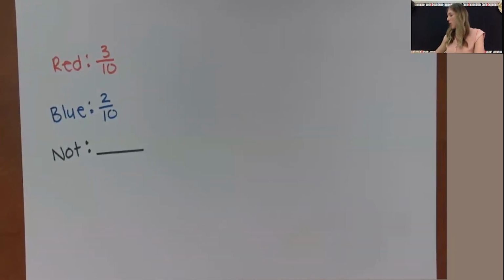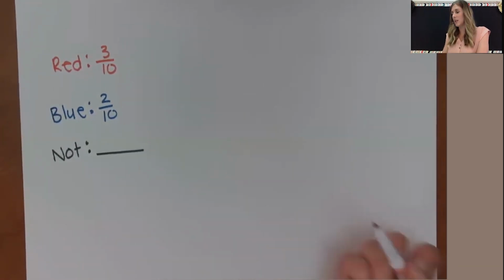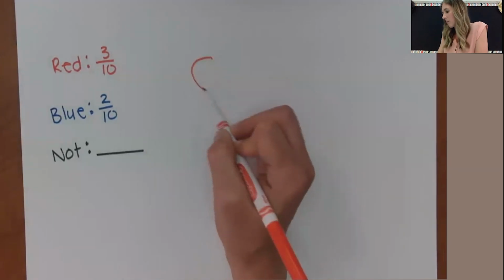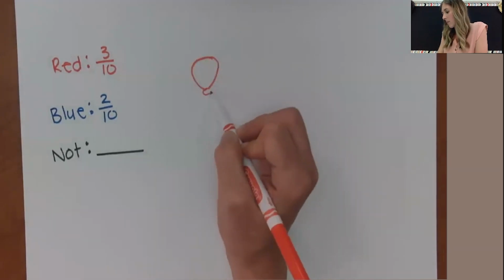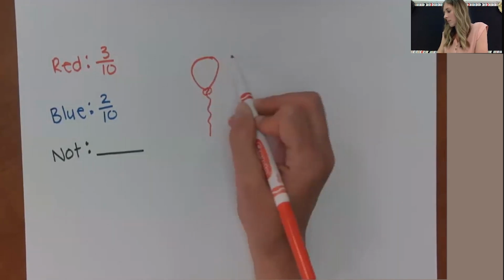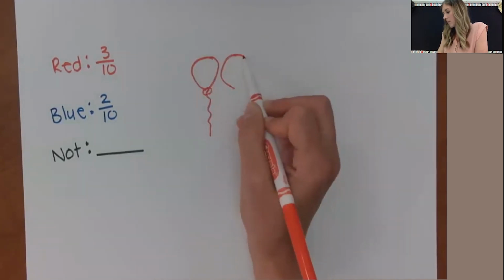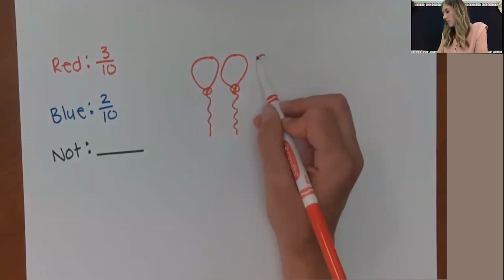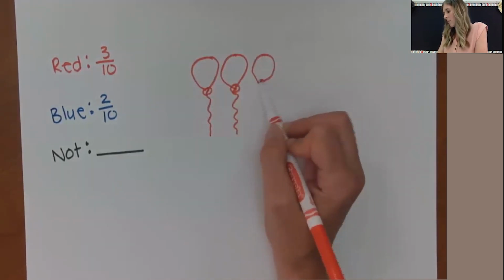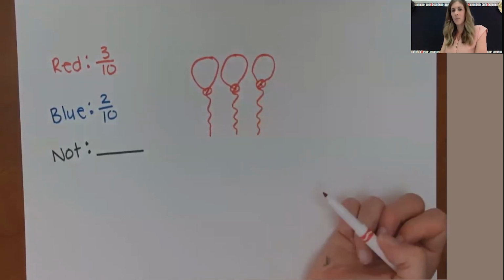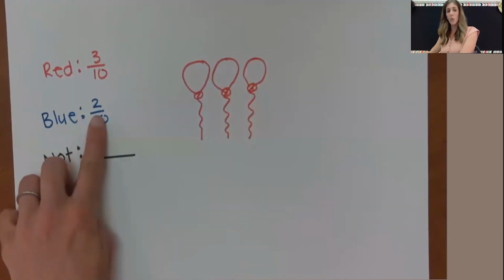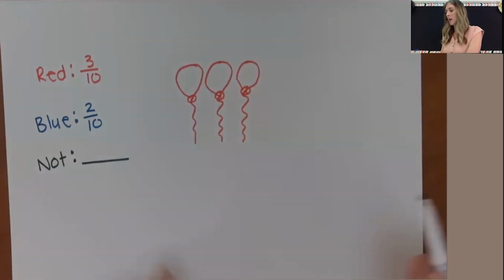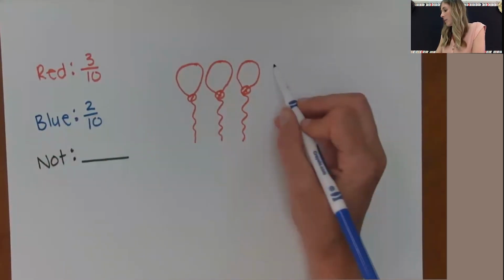So let's draw 3 red balloons in his bunch. And let's draw our 2 blue balloons. I know that because of my numerator.